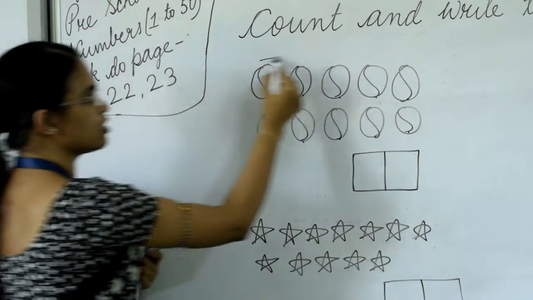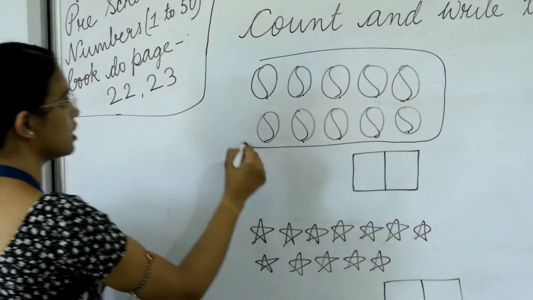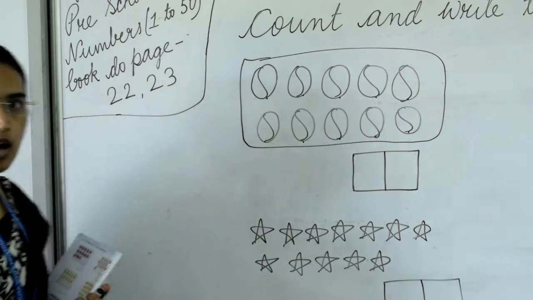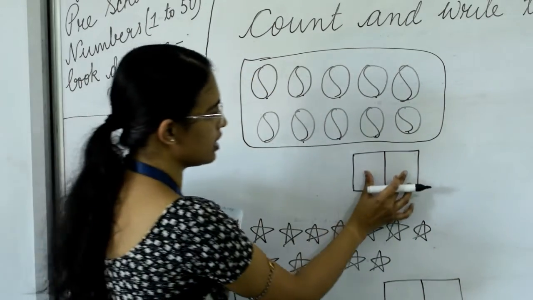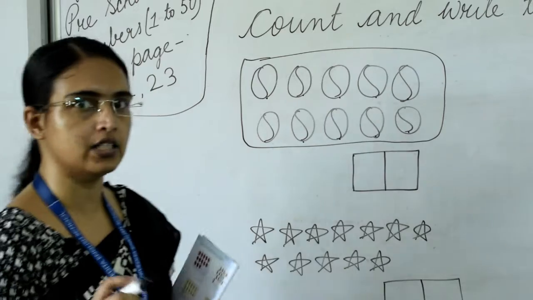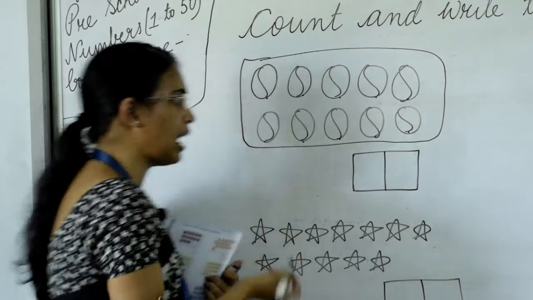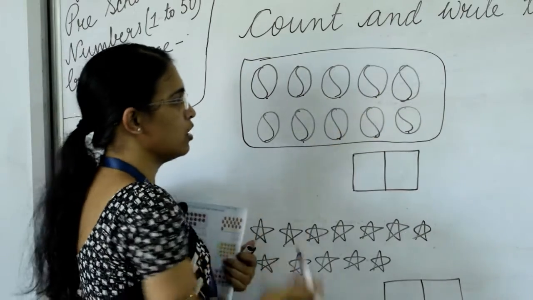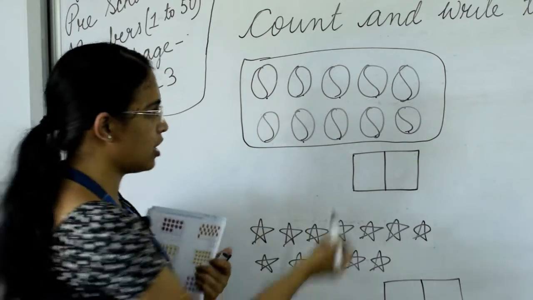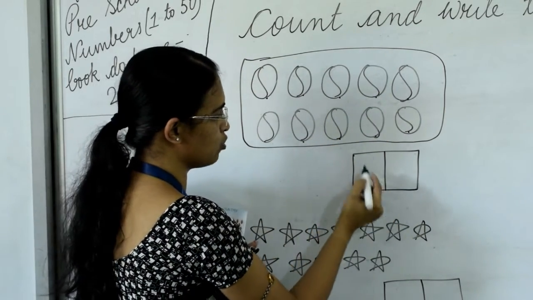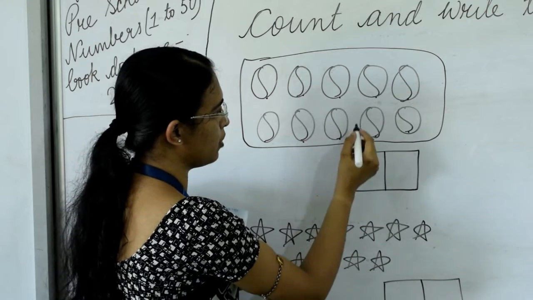So in this box, how many balls are there? 10 balls, right? So in these boxes you have to write the number that came after counting, in these 2 boxes. So the number of balls is 10.